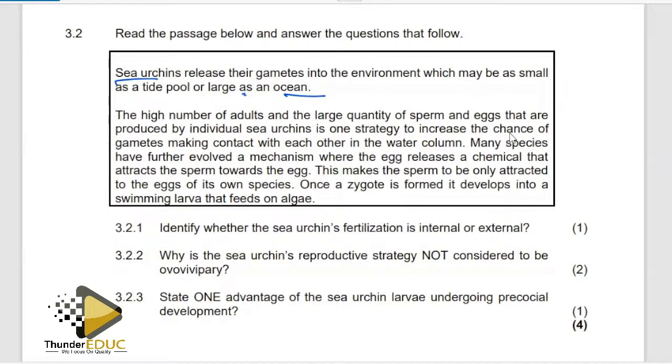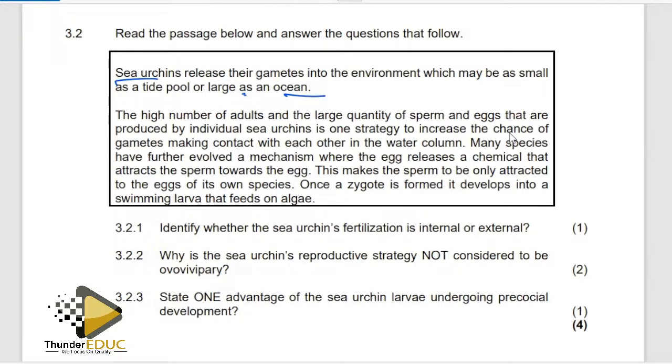The high number of adults and large quantities of sperms and eggs that are produced by the individual sea urchins is one of the strategies to increase the chances of the gametes making contact with each other. Many species have further evolved mechanisms where the eggs release a chemical that attracts the sperms towards the eggs. So it's like that. Females, they have to attract. All right, let's continue.